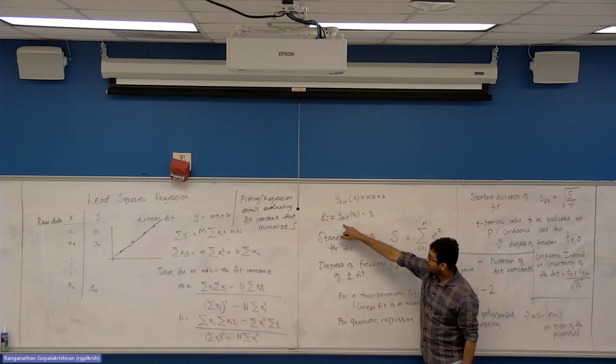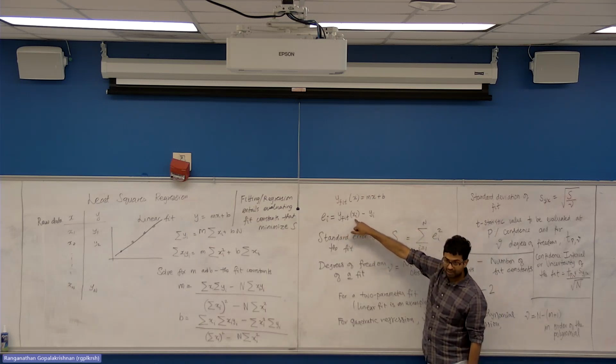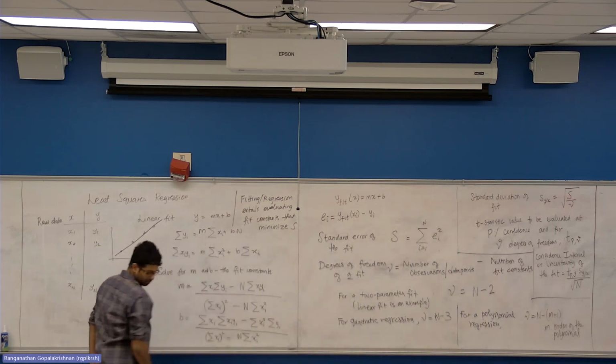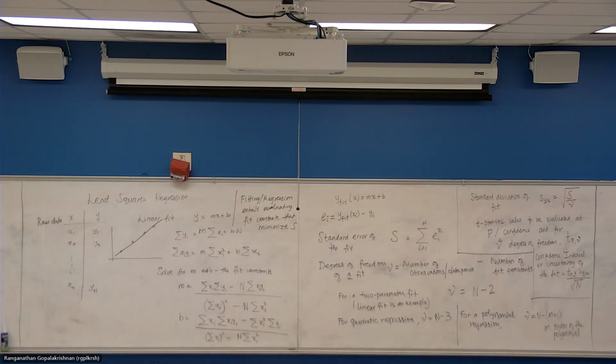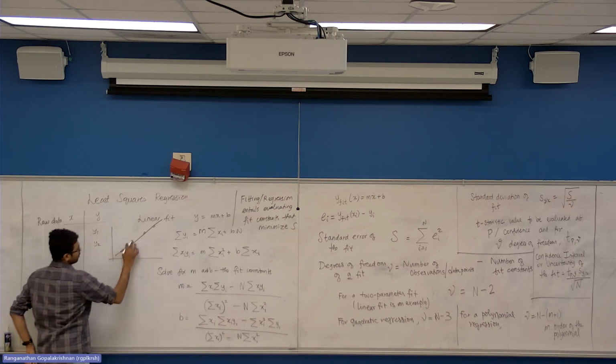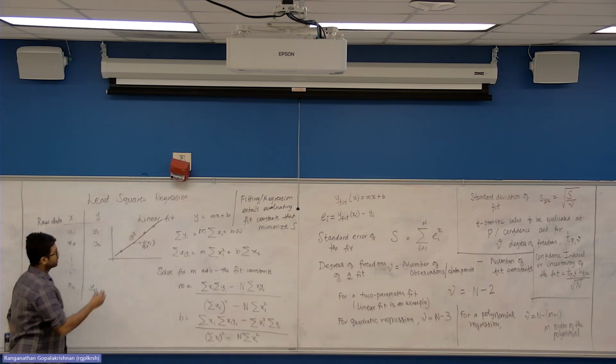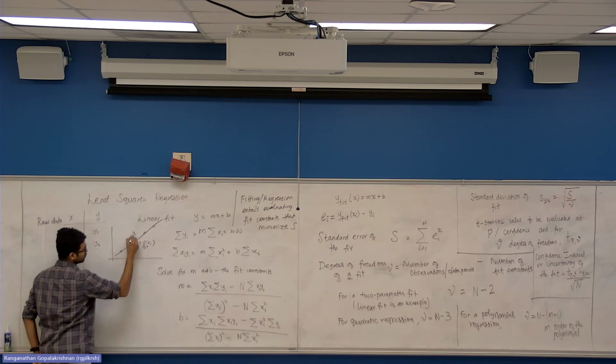This is the deviation at a given value of xi. If I have a data point here and I have my fit line, this is y at xi of the fit, and this is yi. So it's the difference between the two, which will be ei.